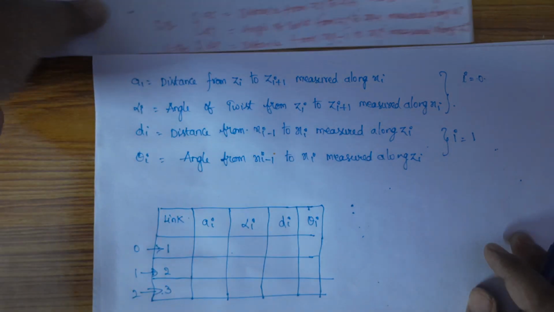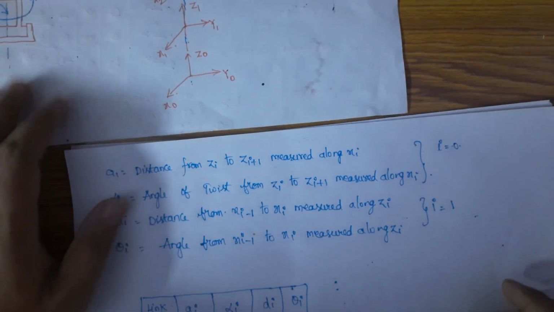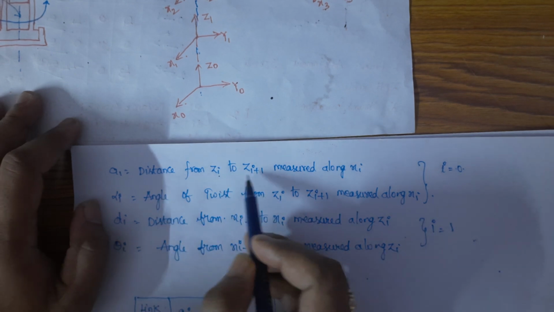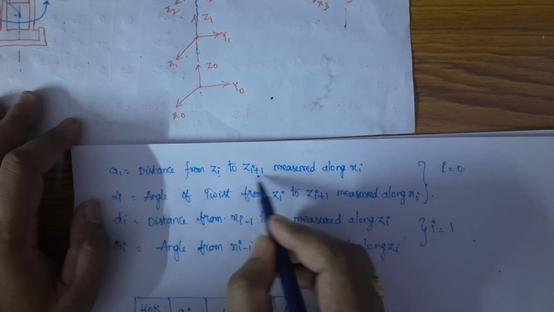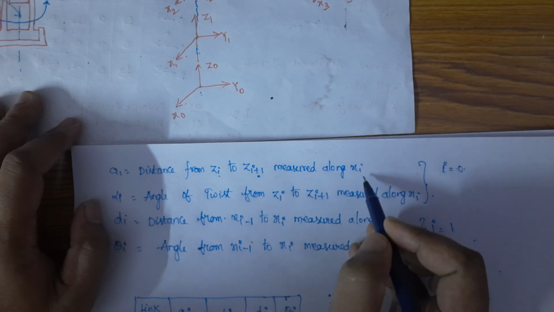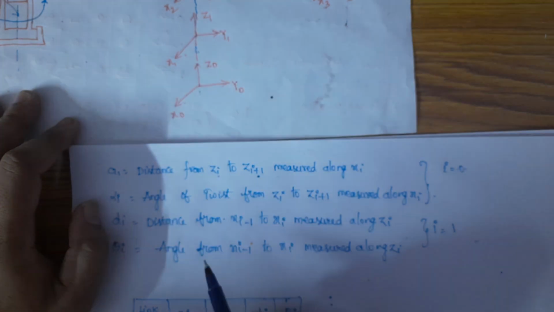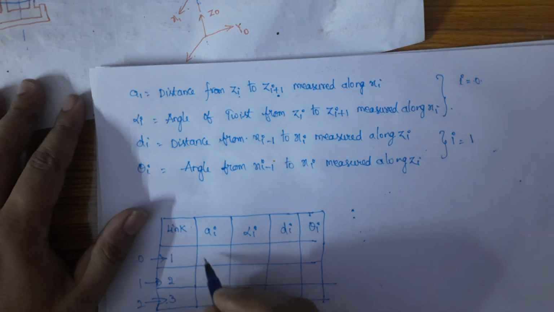So let us go for the DH table here. For i equal to 0, the distance from z0 to z1 measured along the x-axis. Since they both are in the same plane, the link length will be 0.